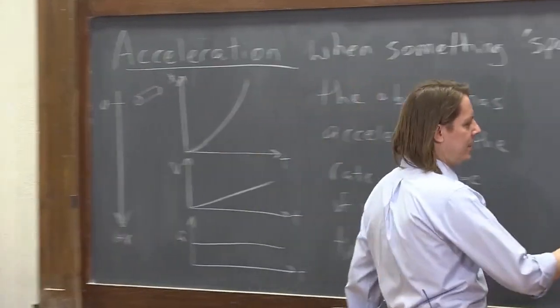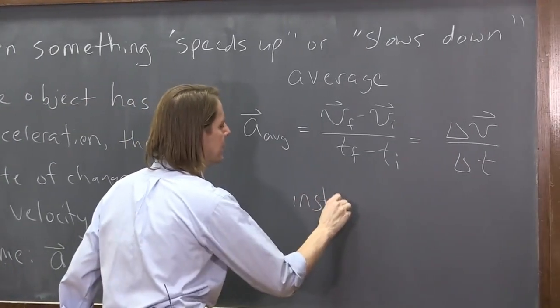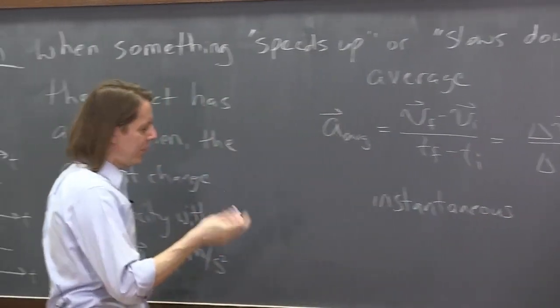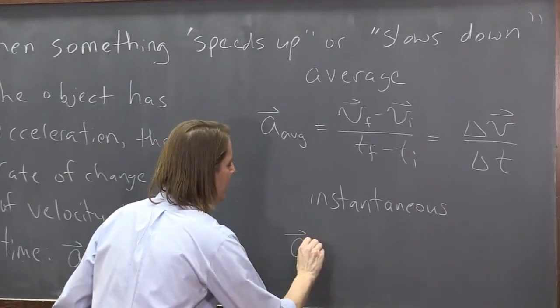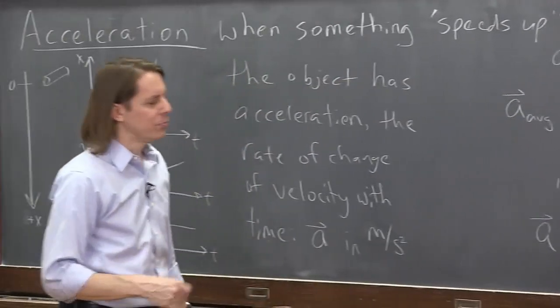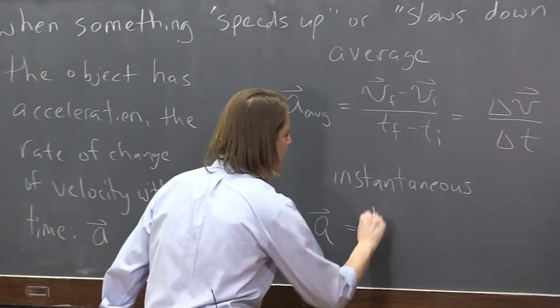Or you could think about the instantaneous acceleration. And just like with velocity, I will denote that by not putting a subscript. And as you can imagine, with the same calculus and slope and derivative ideas, it's just dv/dt.